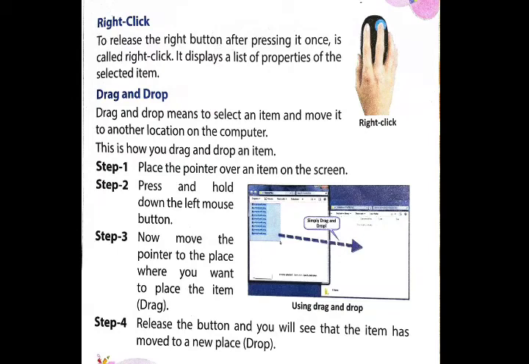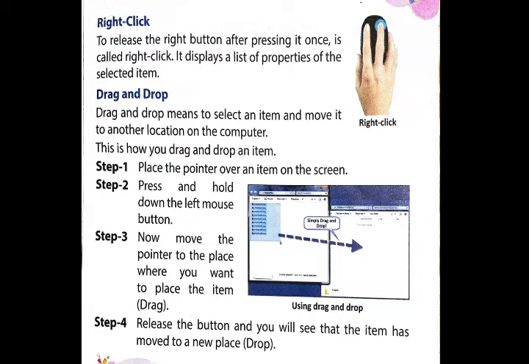Step 1 is place the pointer over an item on the screen. You have to point the mouse over an item on the screen. Next step is press and hold down the left mouse button. Step 3, now move the pointer to the place where you want to place the item, which means drag.